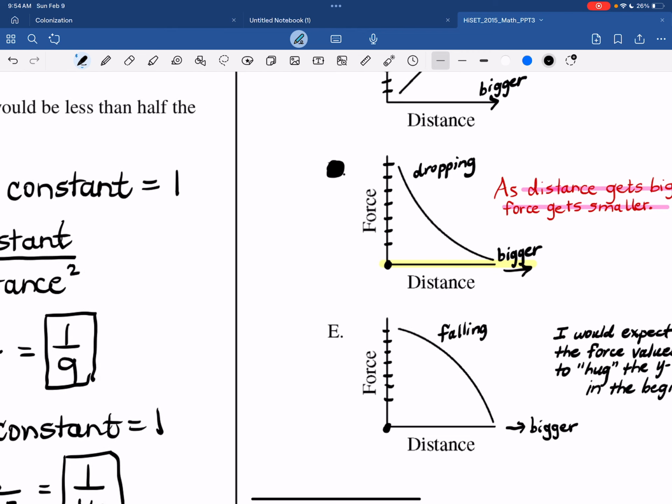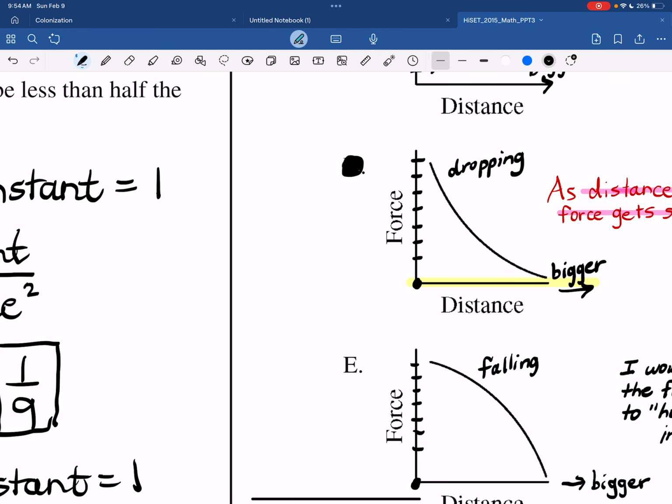So for example, if distance is 3, then this would be 1/9. When distance becomes 4, this drops to 1/16. When distance becomes 5, we get 1/25. So those values are going to hover close to the y-axis in the beginning. They're going to sort of hug up against that y-axis.